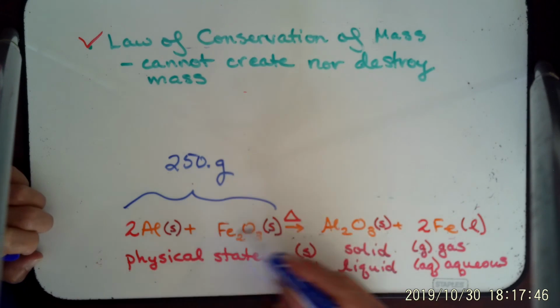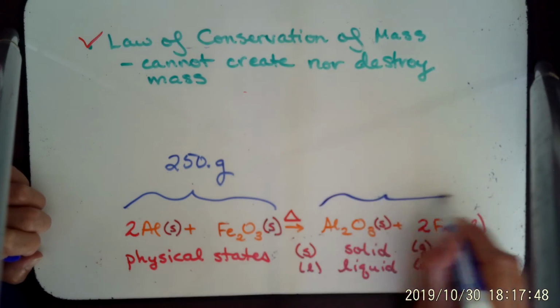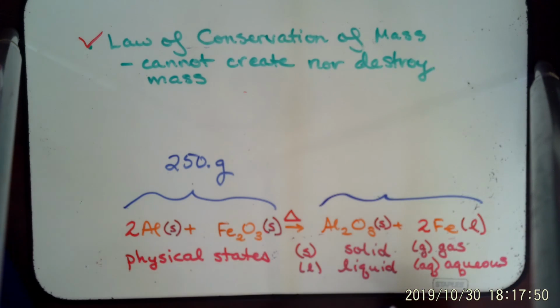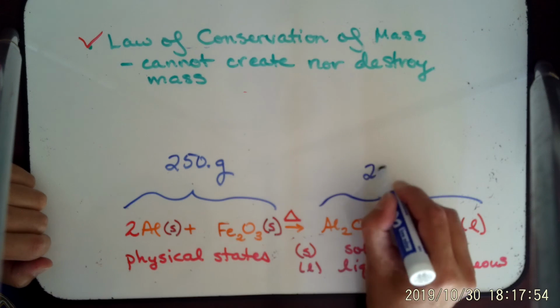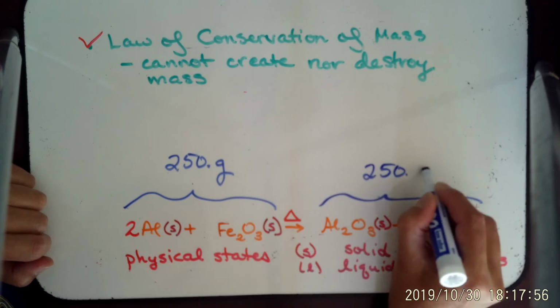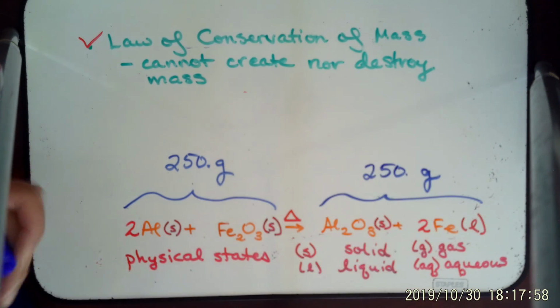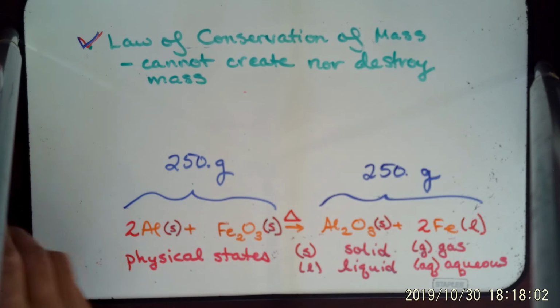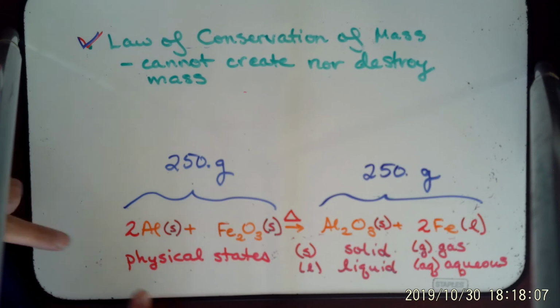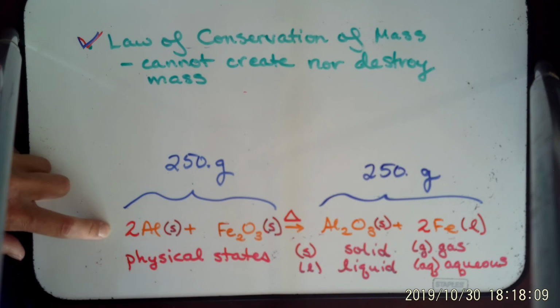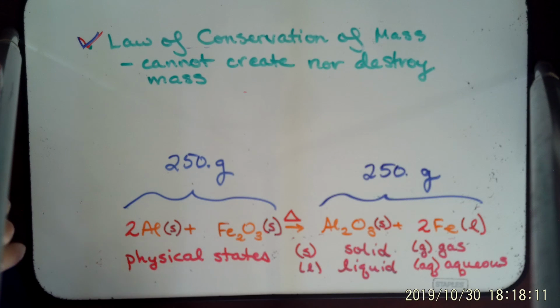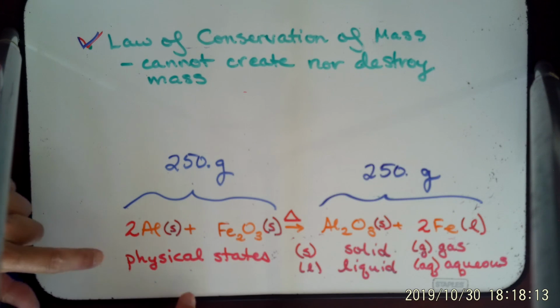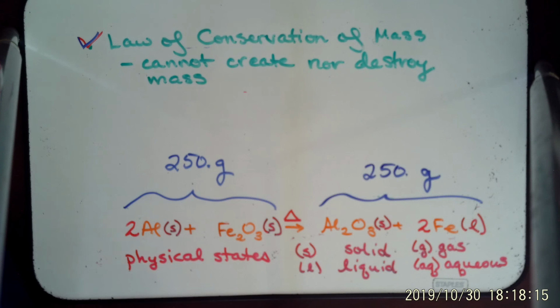It turns out if it goes to completion and I'm completely done, or even if it doesn't go to completion, if I look at that flask and I haven't done anything with it, I will end up with 250 grams of products. And that's because of the law of conservation of mass. So let's talk a little bit more now that you've seen your chemical reaction, why we can balance it, and how we balance it. Let's go through and practice balancing equations.